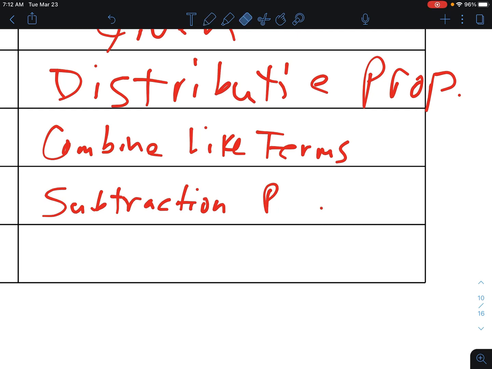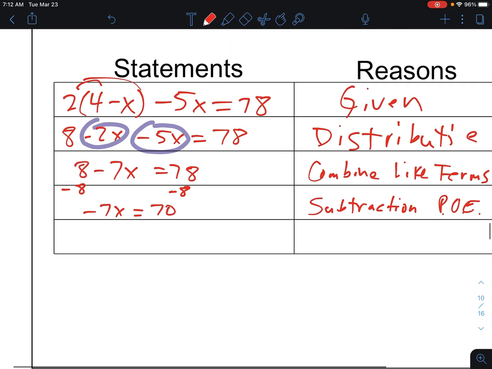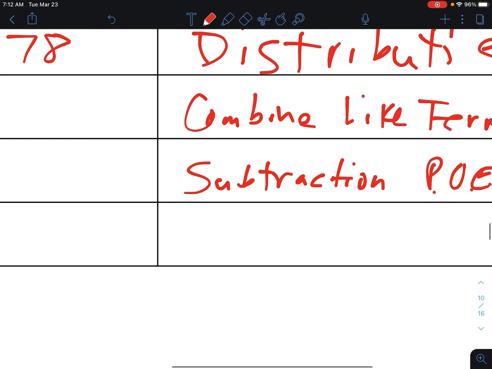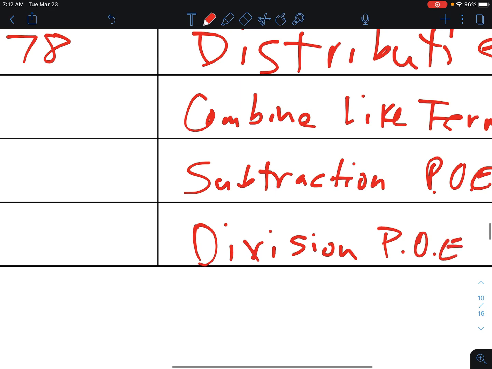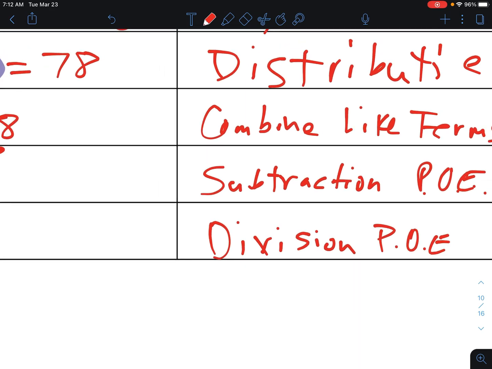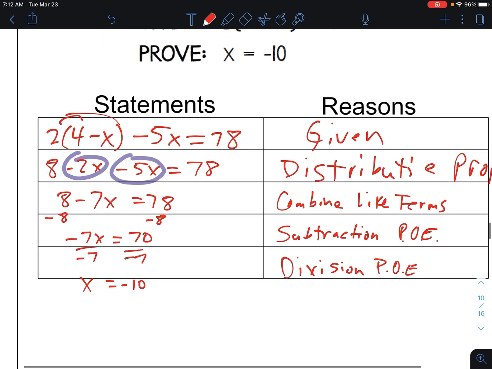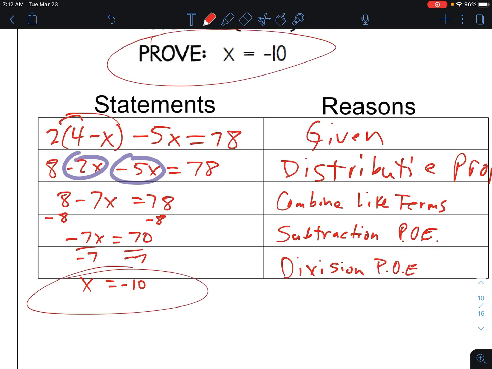Go POE. And then last but not least, the division property of equality. So anytime you write something, it needs to have a justification. Let's just triple check. x equals negative 10, x equals negative 10. Life is all good. We're doing good things.